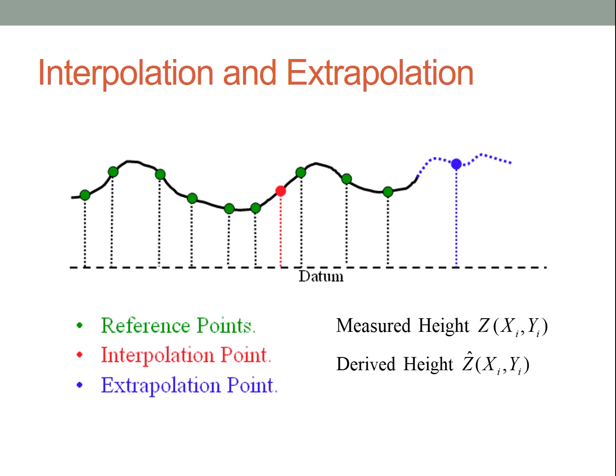So here is an example. We have my reference points. These are the green ones. Those are the ones that we've actually observed. If I'm interpolating, I'm looking at this red one. This is not something I have actually measured. It's something that I'm trying to figure out: along this modeled line, what would my height be?